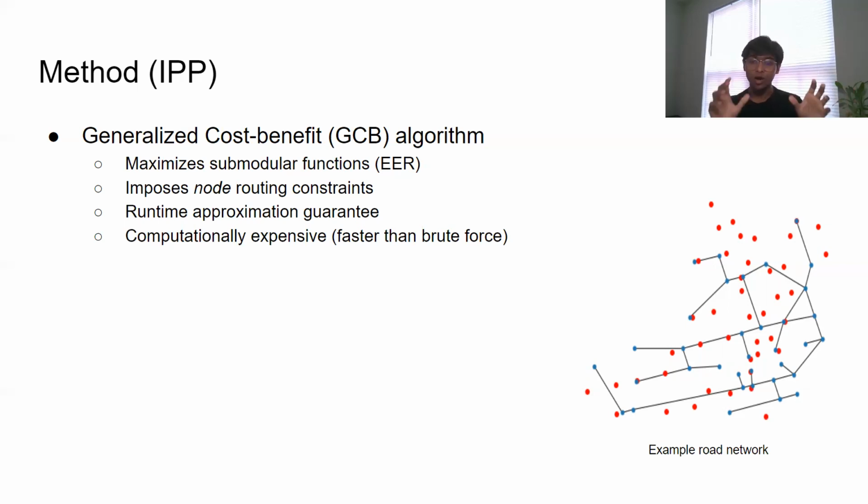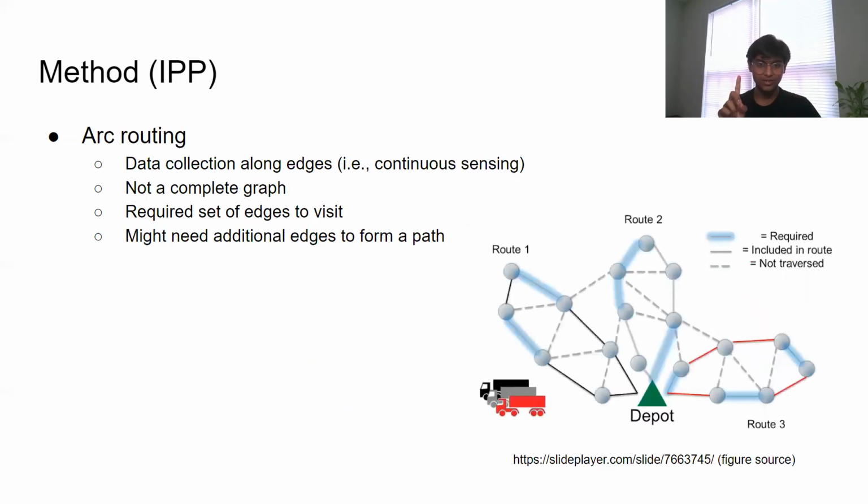It also ensures that we get a valid path by imposing node routing constraints. The algorithm even has a runtime approximation guarantee, and it is computationally faster than the brute force algorithm. But here's the catch. The GCB algorithm only considers node routing constraints. We need to impose arc routing constraints to use the algorithm in a road network.